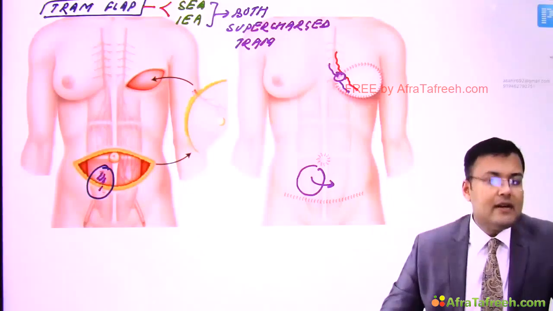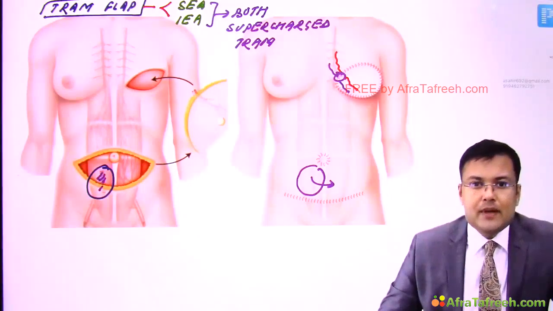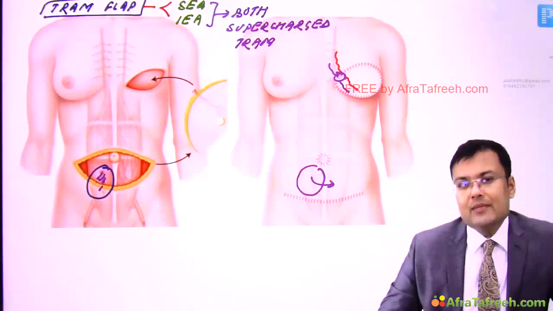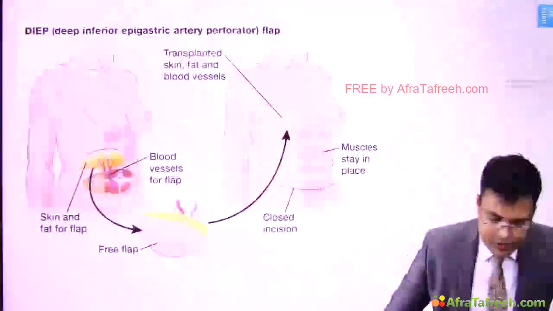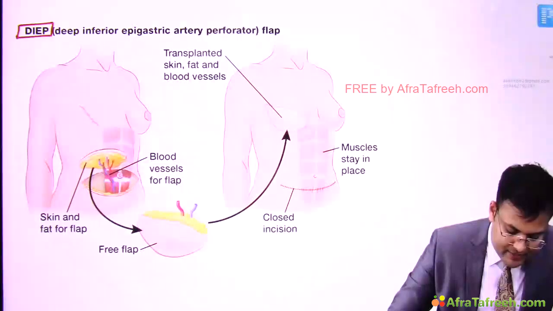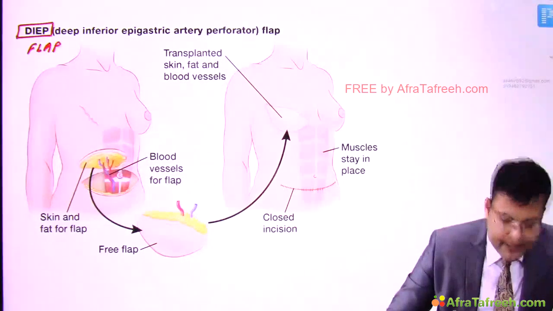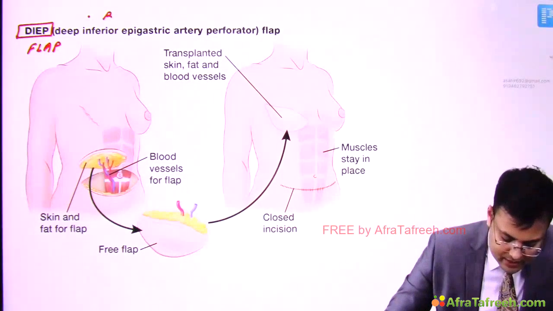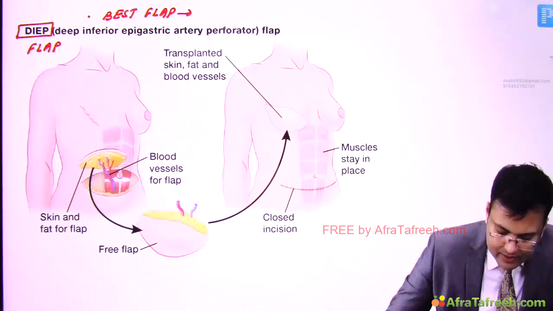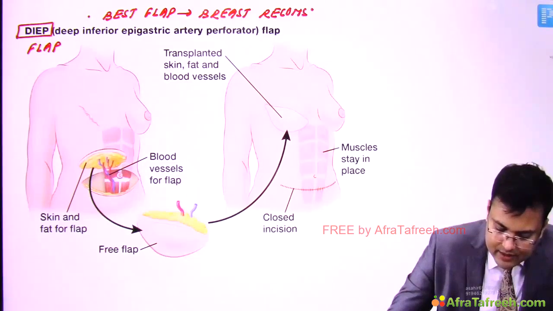What is the full form of DIEP flap? It is deep inferior epigastric perforator flap. So here you can see this is DIEP flap. First and very important question, this is the best flap for breast reconstruction.